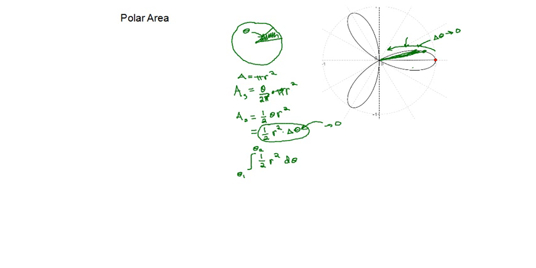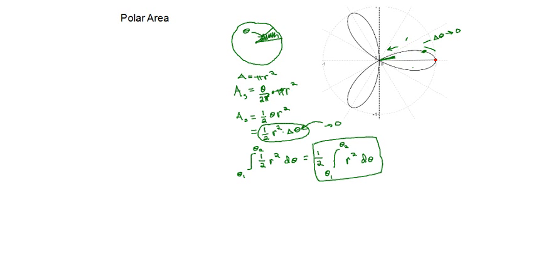And so there you have the formula, although we can use a few properties of integrals. You can take the 1/2 and put it on the outside. So this is what you'll usually see in your book. That is how you will find the area of polar curves. So I'll put a nice big box around that.